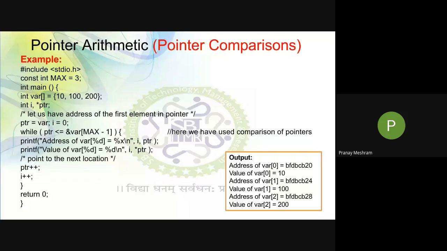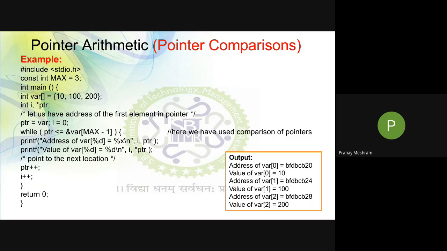So first time the condition will be checked. ptr is holding the base address which is B20 and the address of the last element is B28. So B20 is less than or equal to B28. Yes, correct, the condition is true. It will execute both printf statements and it will print the base address which is B20 and the value stored at the base element, that is the first element of the array, 10, will be printed in the output.